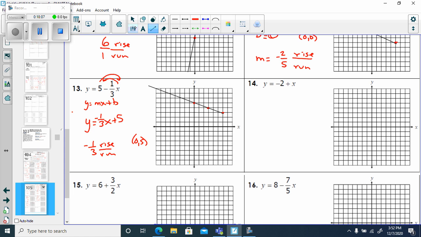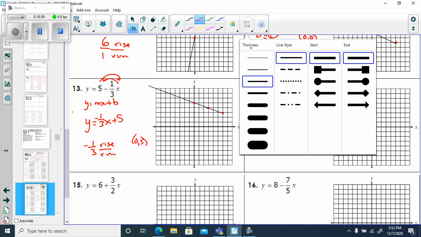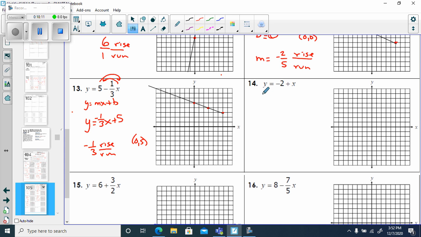Same thing here. Let's look at what they've got for us here. Remember our linear equations, y is equal to mx plus b. Well, they've got the x in the b's place. I'm going to need to swap these. It's going to need to say y is equal to x plus negative 2, or x minus 2.